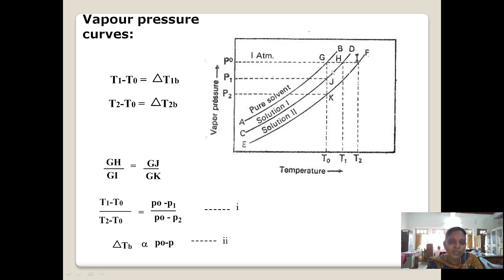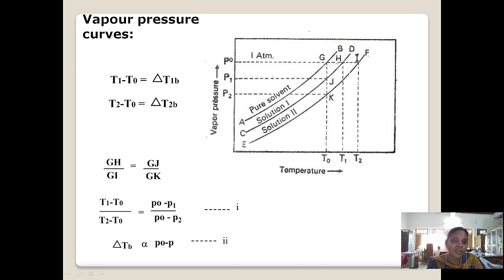After observing these curves, the triangles GHJ and GIK are almost equilateral, so we can get the relation like this: GH upon GI equals GJ upon GK.